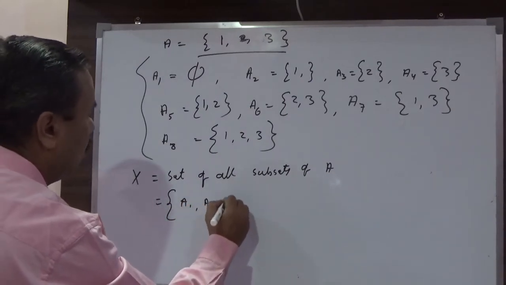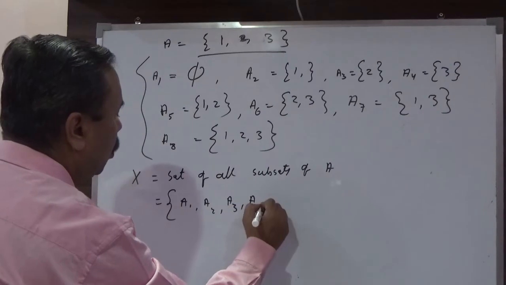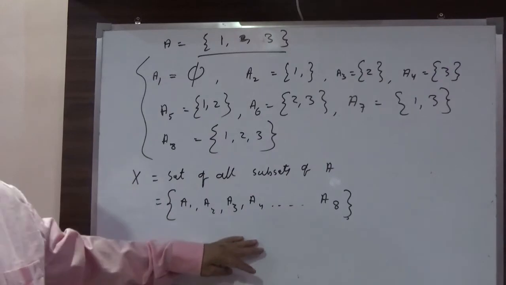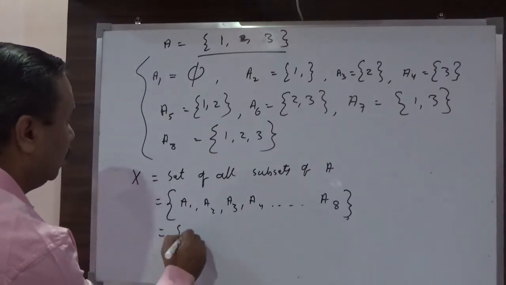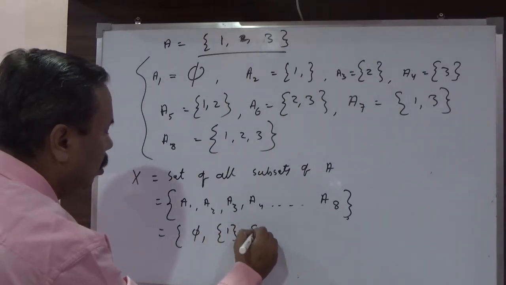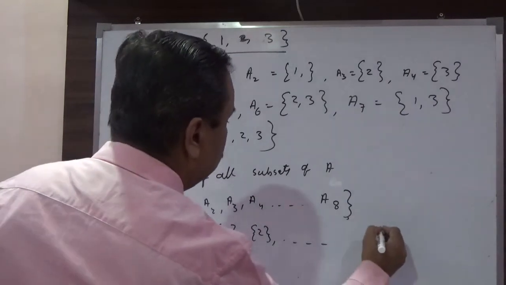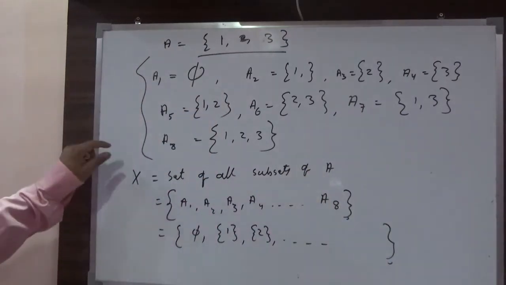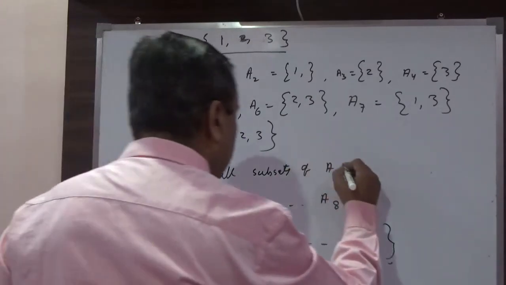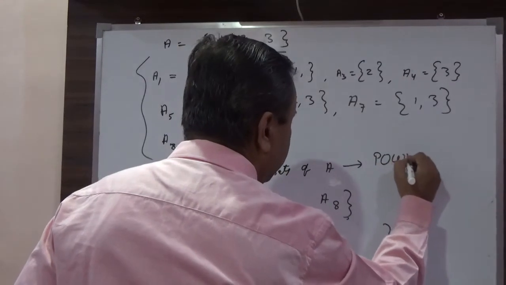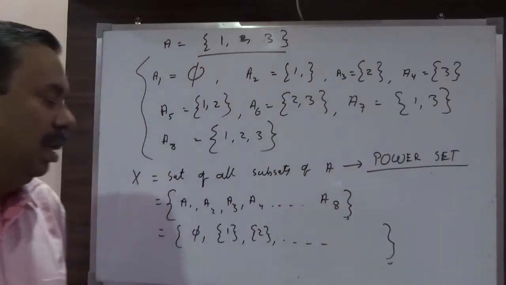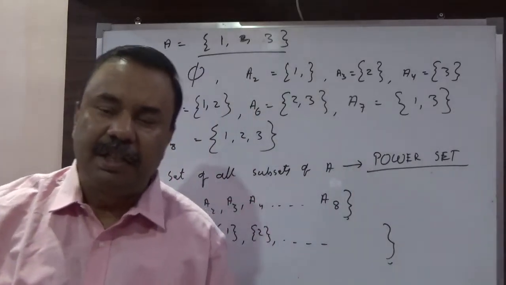A1, A2, A3, A4 up to A8, which I have got. This set is called the power set.